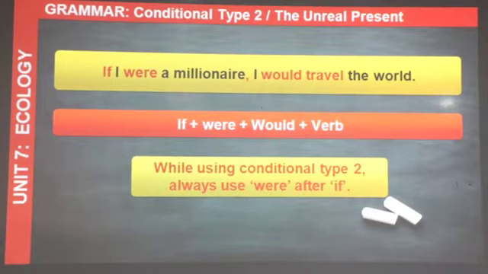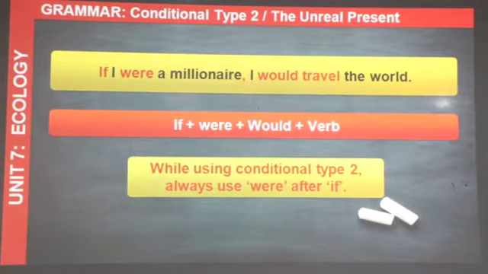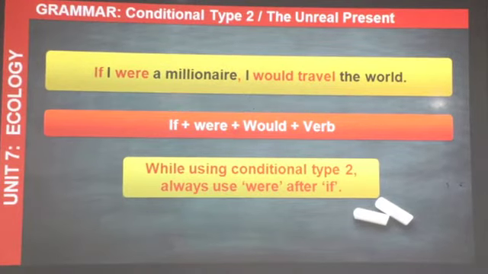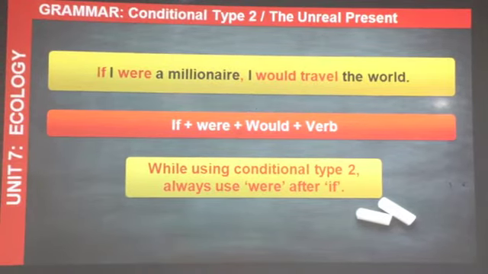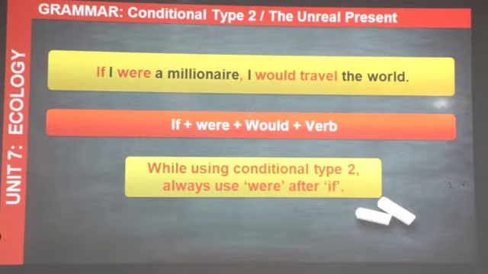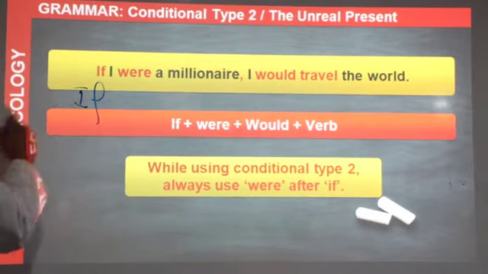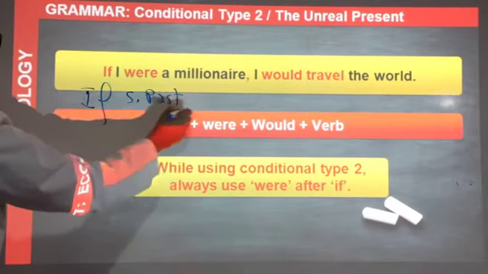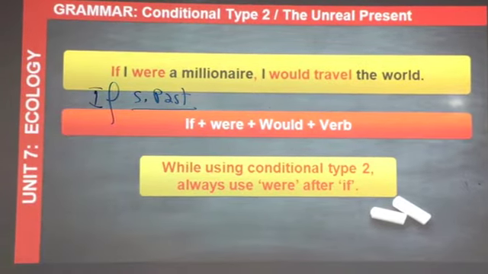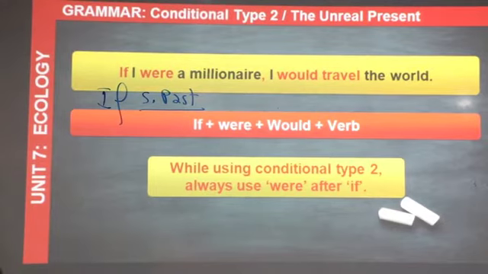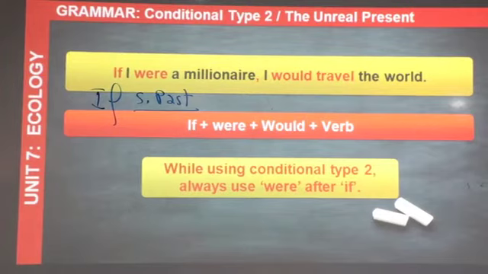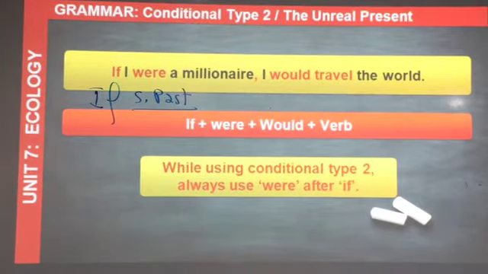While using conditional type 2, always use were after if, or had, or the simple past of any given verb. So whenever we have if, we imagine, so we put the simple past just after if. If I had money, if I were, if I traveled, so if plus simple past form.